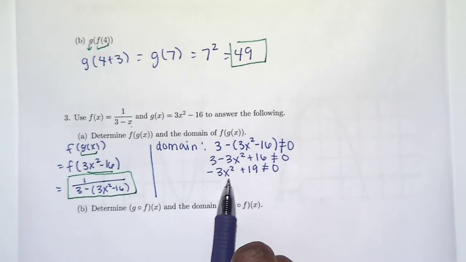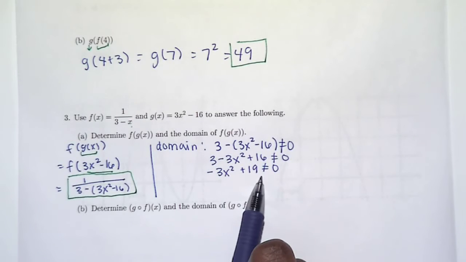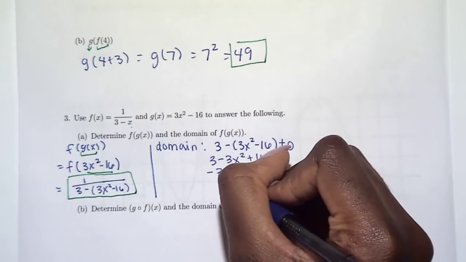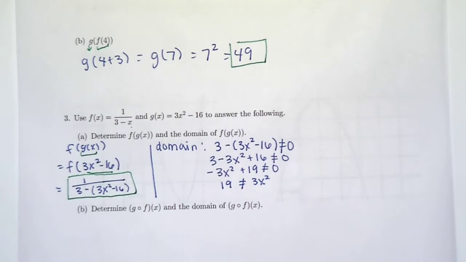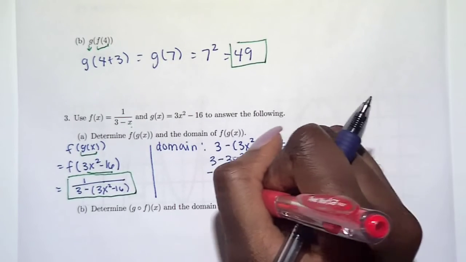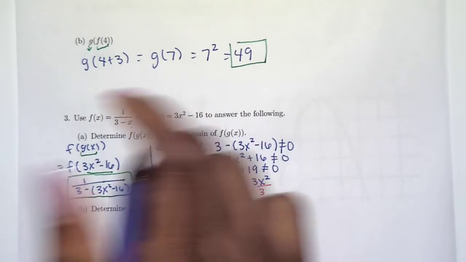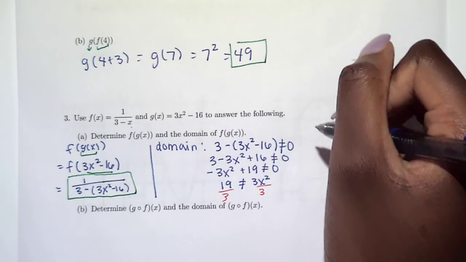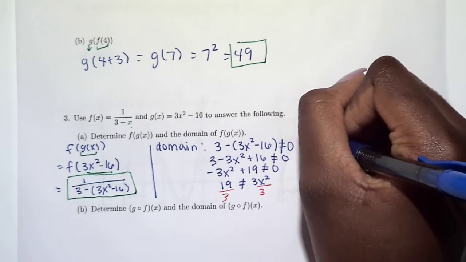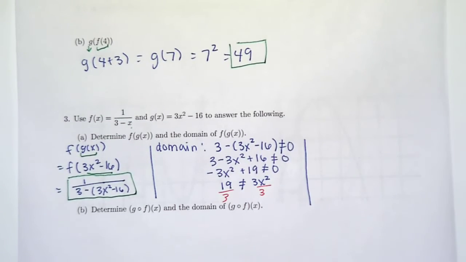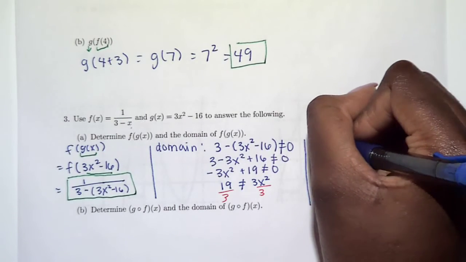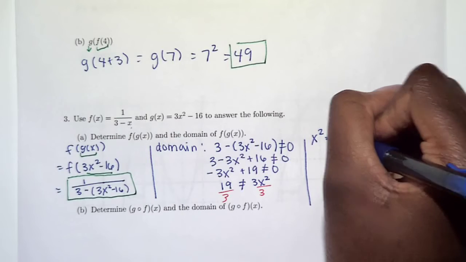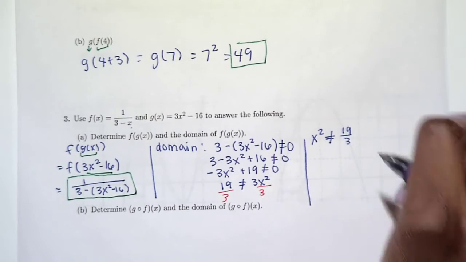Let me just add this 3x squared to both sides. So therefore I have positive numbers. And then divide by 3. Running low on space here. So x squared cannot equal 19 over 3.